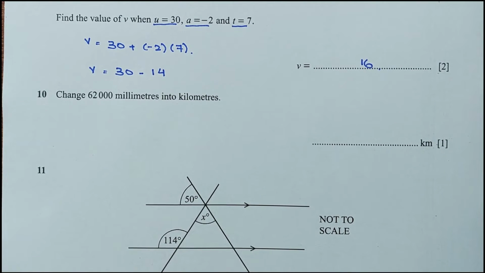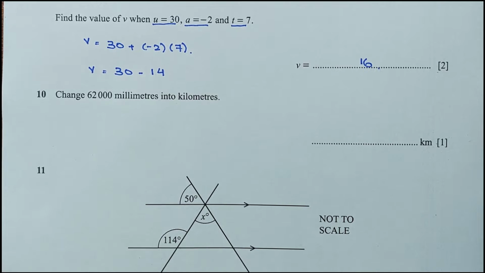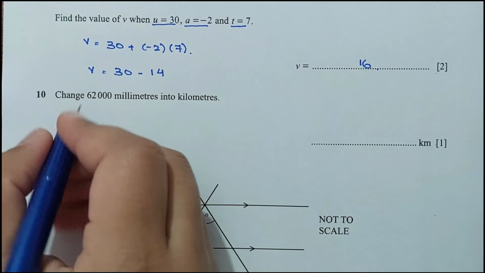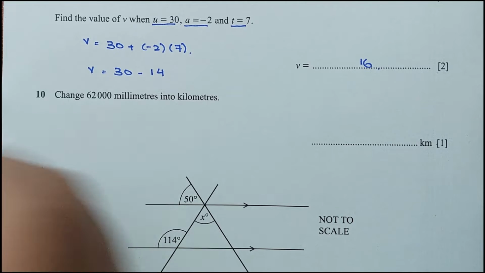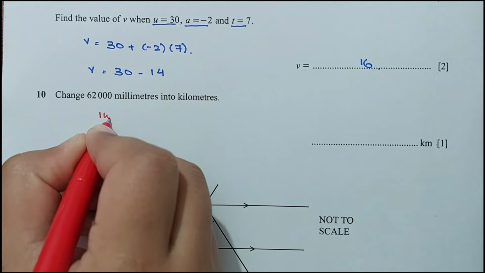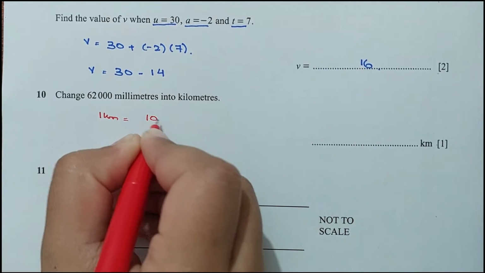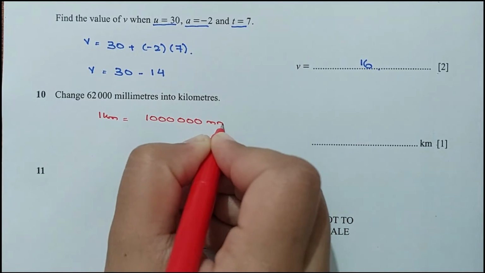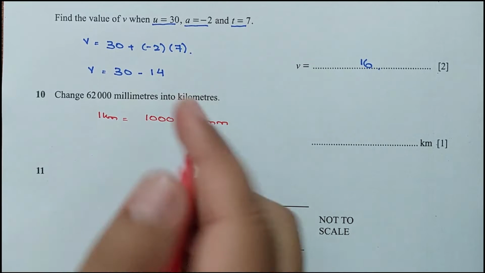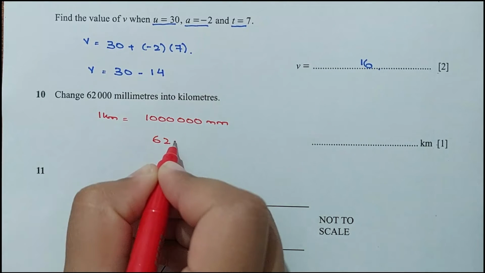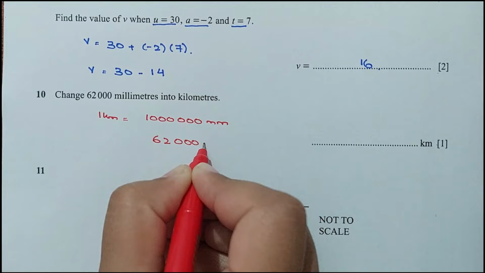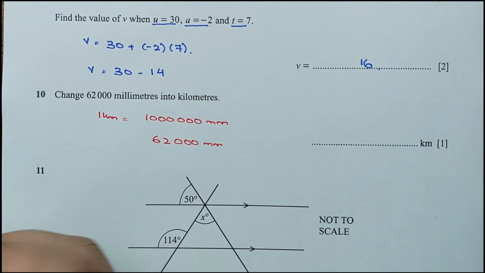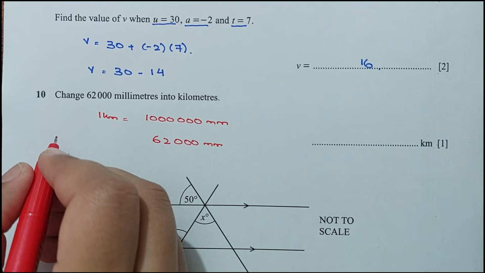Question number 10. Change 62,000 millimeters into kilometers. Okay, so the conversion we have to use is 1 kilometer equals 1 million millimeters, right? So we have 62,000 millimeters, and we have to convert this into kilometers, right?